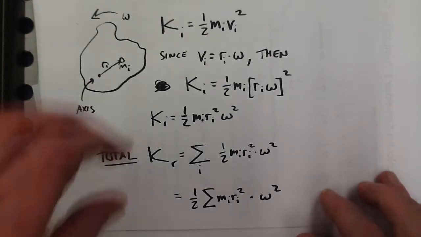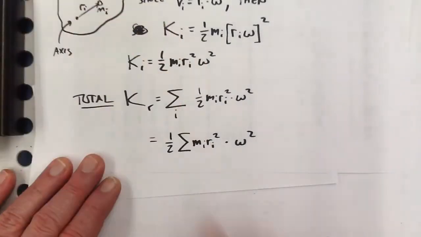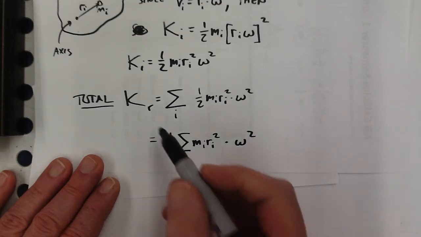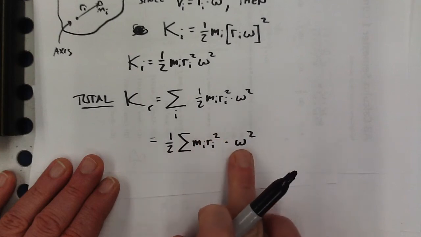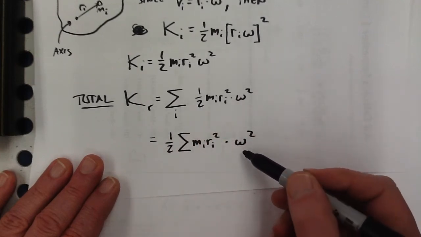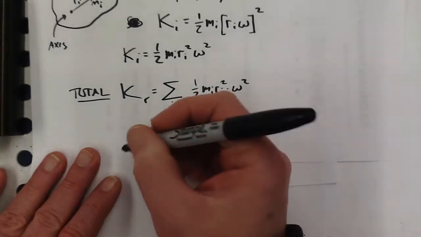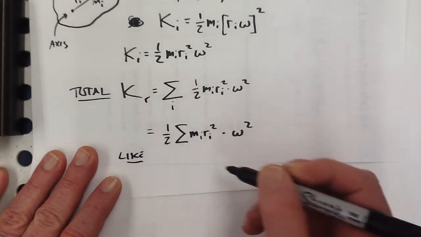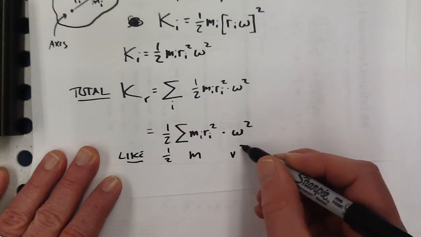Okay, so a couple of observations here. If you think about what regular kinetic energy is, 1/2 mv squared, and this rotational one is coming out to be 1/2 this times omega squared, and omega is angular velocity. So this thing right here, let me just write, I think you should probably have this in your notes, 1/2 mv squared.